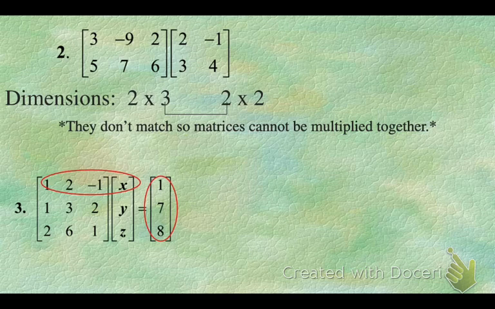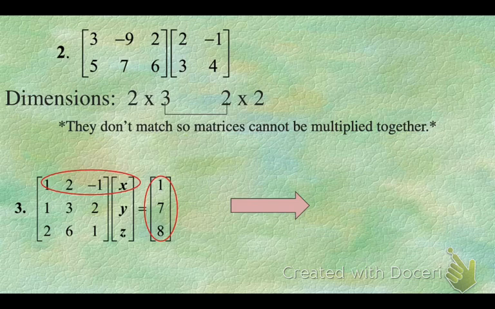So for number 3, we have this nice equal sign here. What we're thinking about is what would be the result if I multiplied all of these things together, and then what does this 1, 7, and 8 result in this final multiplication?